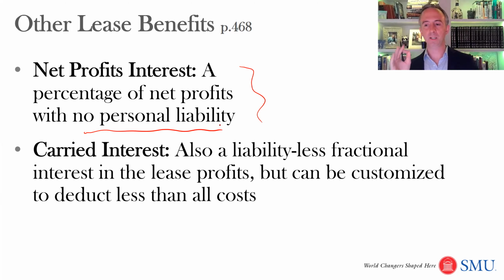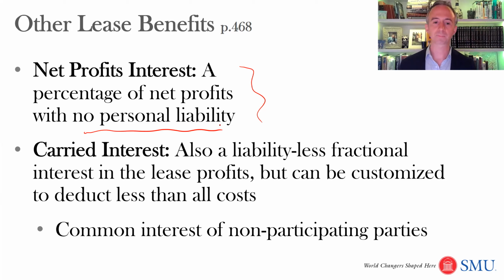That's a liability-less fractional interest in lease profits, but it can be customized so that the oil and gas company can only deduct certain costs, which can be really helpful because if there's some cost that you don't really trust the numbers for, you can just negotiate it upfront. You don't get to include those. Like some kind of administrative overhead or some shared employee that's used at multiple sites, just say you don't get to charge me that.